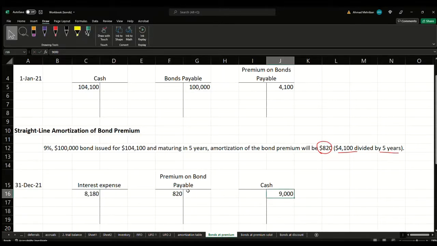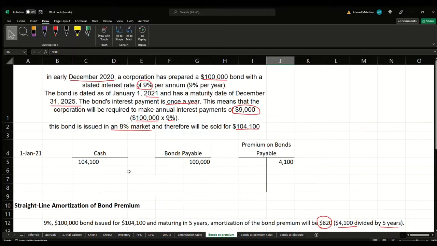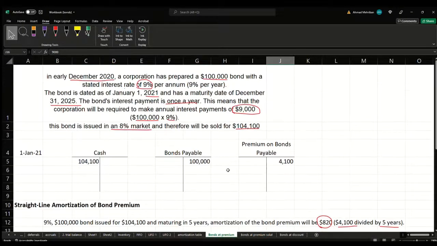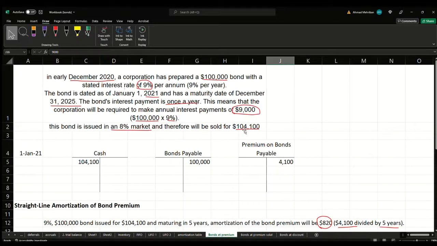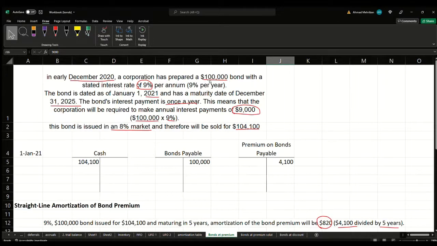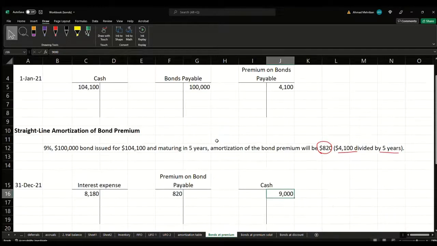But don't forget that despite the fact that we have issued our bond at premium, we are paying the interest based on those 100,000, not 104,100. We're paying it on the basis of the stated value of our bond, and that is 9,000. And when we amortize our premium on bond payable, we get interest expense of 8,180.